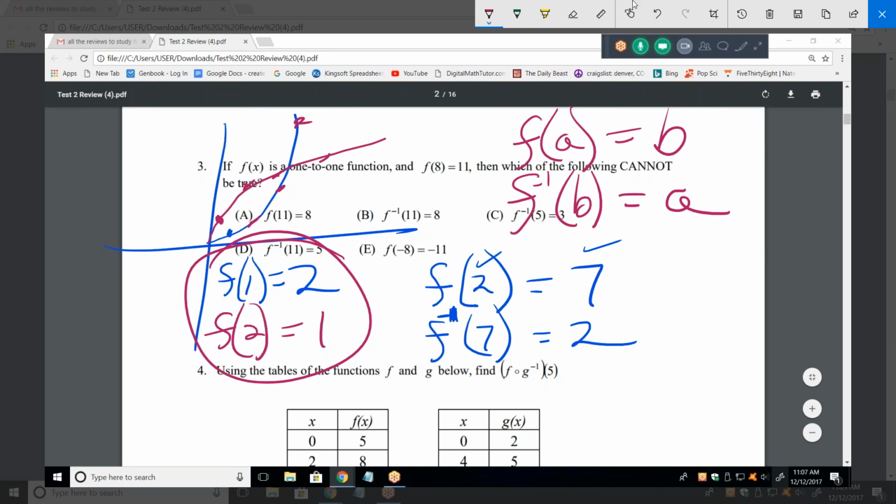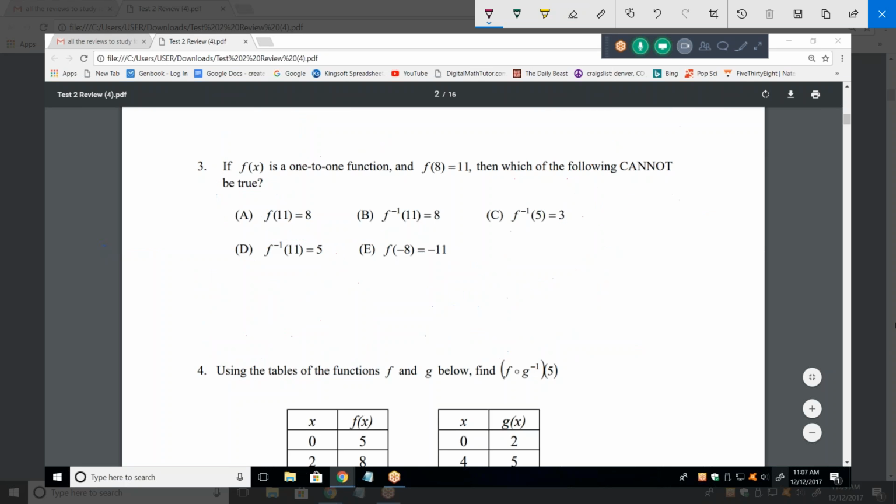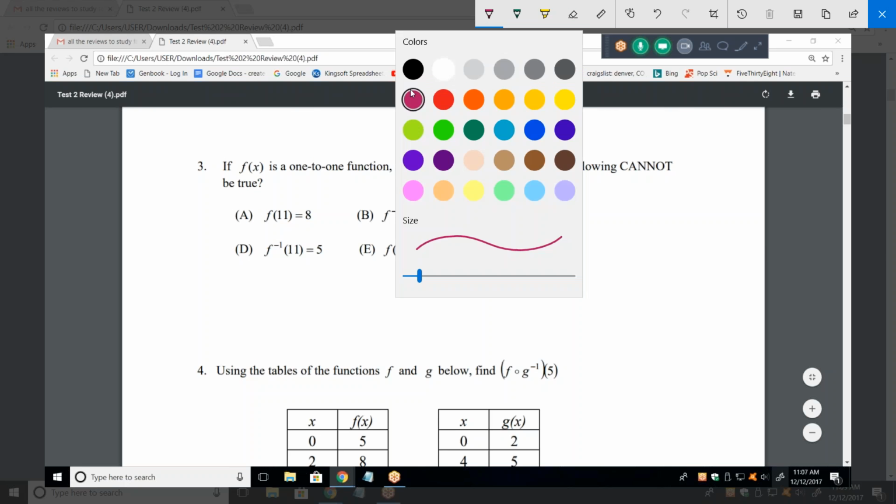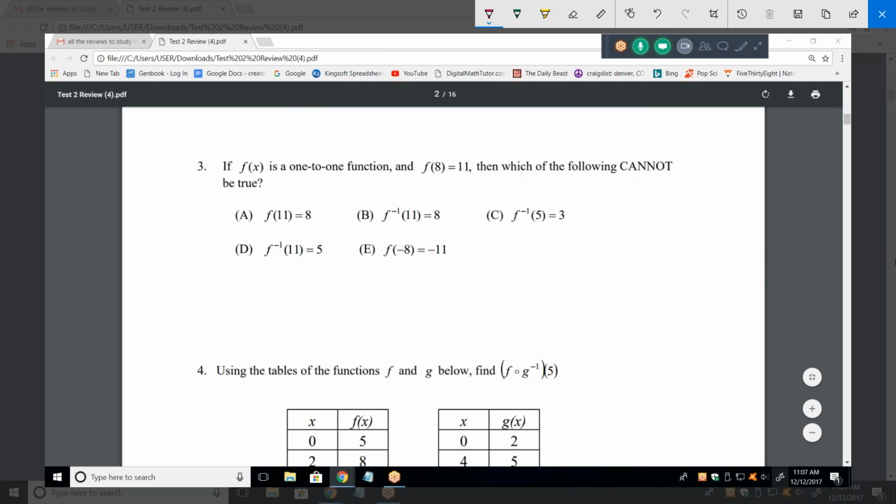Okay? So, now let's look at this problem. First of all, they tell me it's 1 to 1. Therefore, I can reflect the whole function over that line, y equal x, and get its inverse.